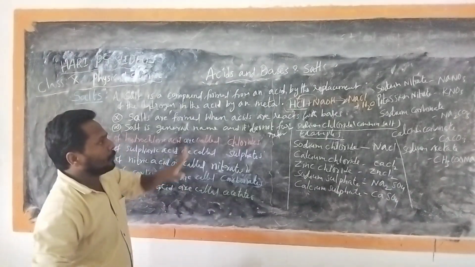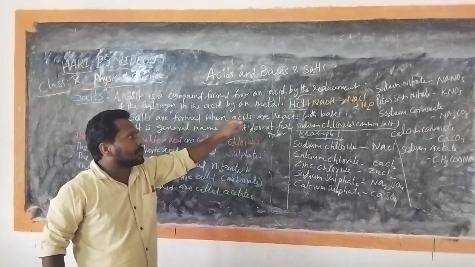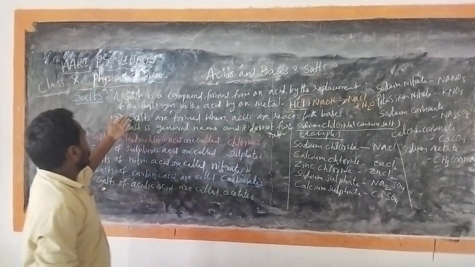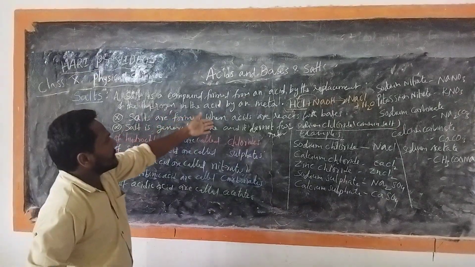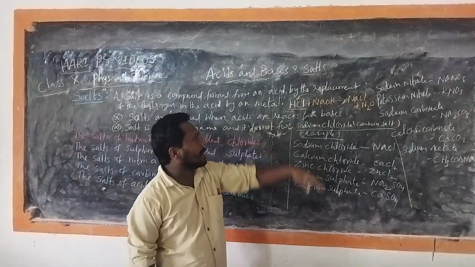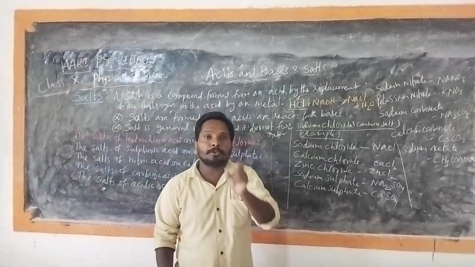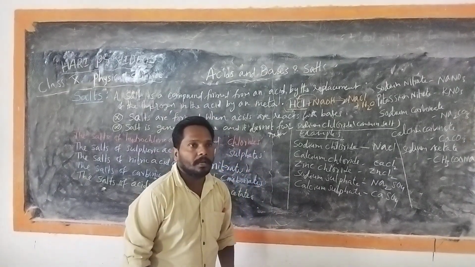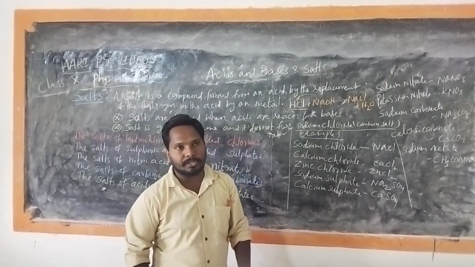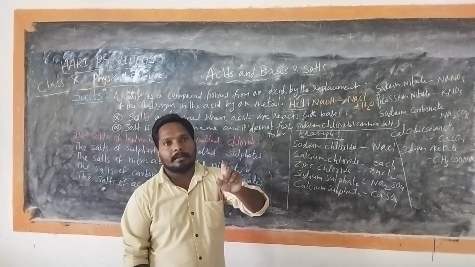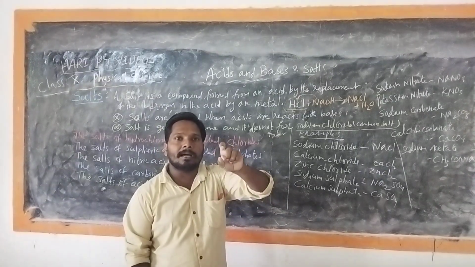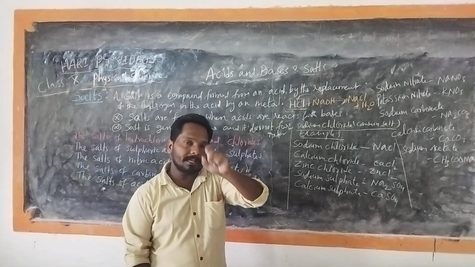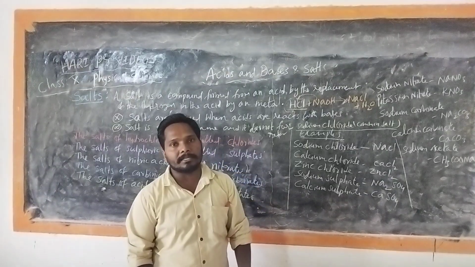Salts are formed when acids react with bases. This is a neutralization reaction. In acid, we know H plus ions are common. Every acid contains H plus ion.